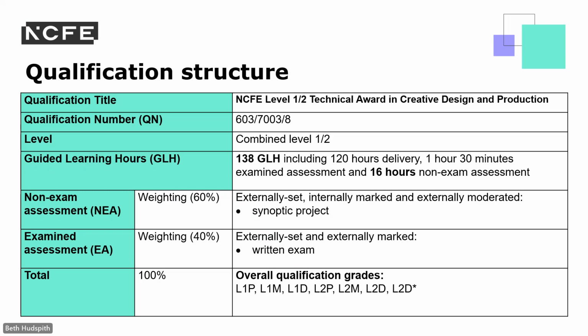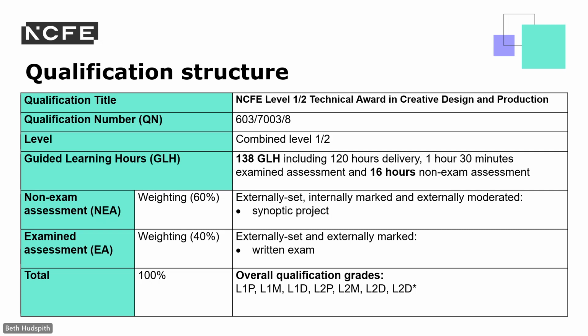That'll be me. So here we have the overview of the qualification structure. I'll just read through that. Obviously, you can see that on screen. Overall, the GLH is 138 hours, which includes 120 hours for delivery, and the remainder is broken down: 16 hours for NEA, 1 hour 30 for the EA. So the total qualification is 152, which includes your additional homework that you might set or additional independent learning.